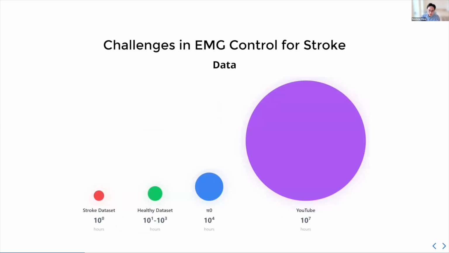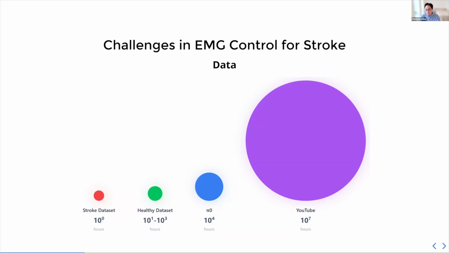The other challenge is that if you involve learning in the equation, data becomes a big problem. We often say that robotic data is very scarce. If that's the case, then I could confidently say that EMG data is non-existent. Even compared to pi zero, we are at a very, very small scale in terms of data. That's just because it's very hard to collect EMG data.